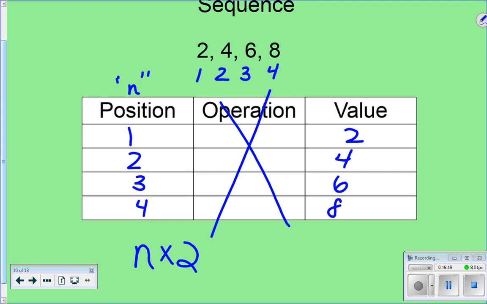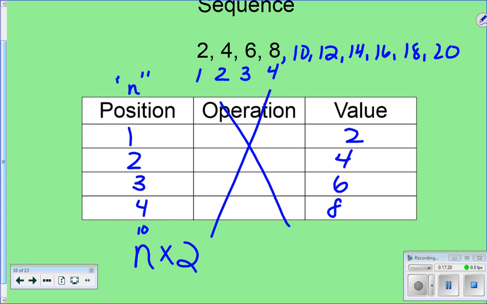So if I asked you what is in term 10, what would it be? 20. Does that make sense to you guys? If I kept going, I would have 10, 12, 14, 16, 18, 20. And what position is term 20 in? 10. So I can find any number in my sequence if I just write a rule for it.